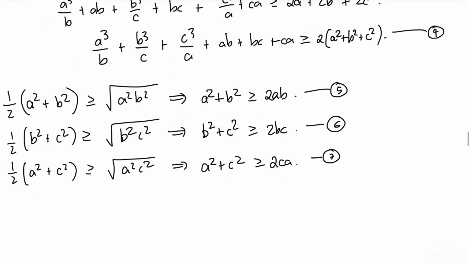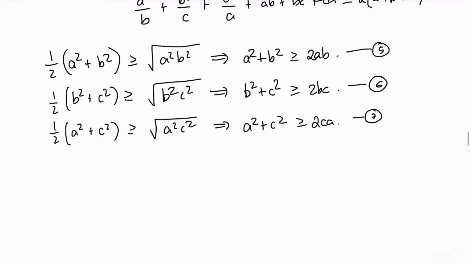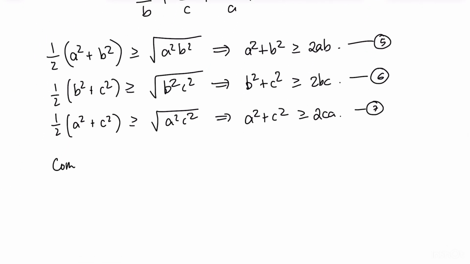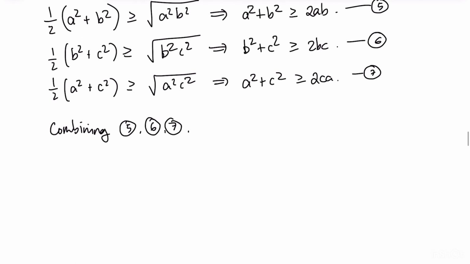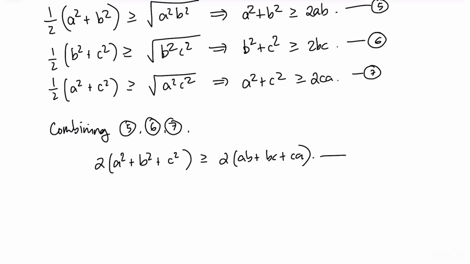Now I'm going to combine 5, 6, and 7. So combining inequality 5, 6, and 7, this becomes 2 times a squared plus b squared plus c squared greater than or equal to 2 times ab plus bc plus ca. I'm going to call this inequality 8.